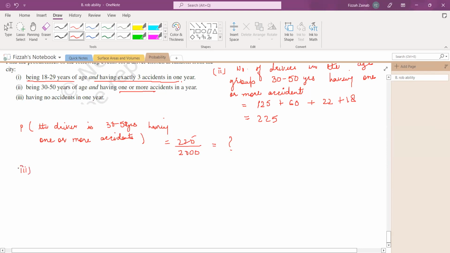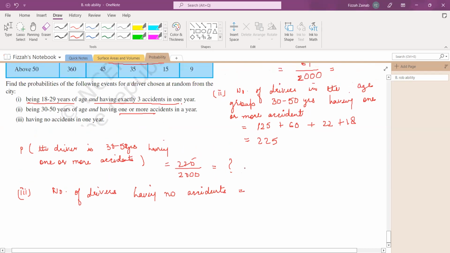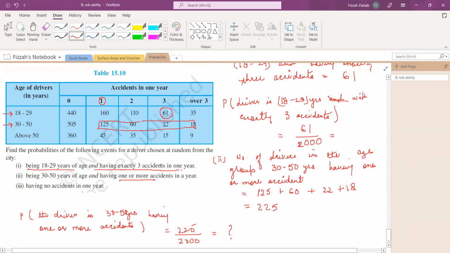So first of all, write the number of drivers having no accident. So how much will it be equal to? See the table here. Yes, Miraj, you will tell me. What should I write?